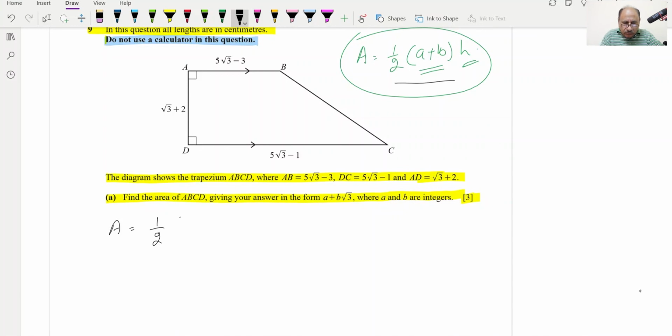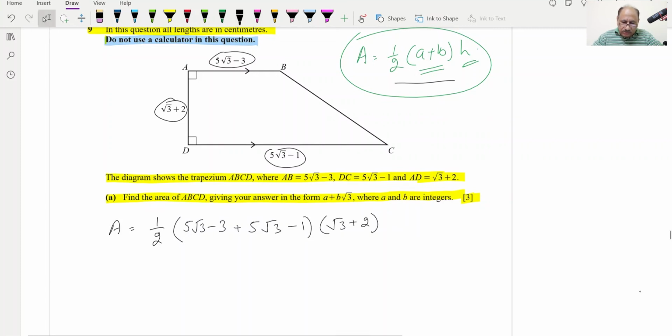So a is what? We can take one side. So I'm taking this as a. So it will be 5 under root 3 minus 3 and plus b. So b is the other parallel side. So plus, this will be 5 under root 3 minus 1. And the perpendicular height is also provided. So this will be under root 3 plus 2.